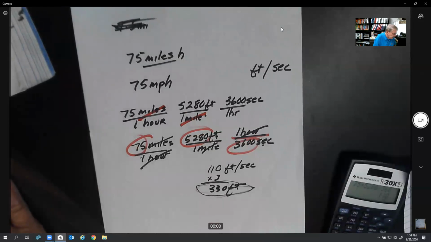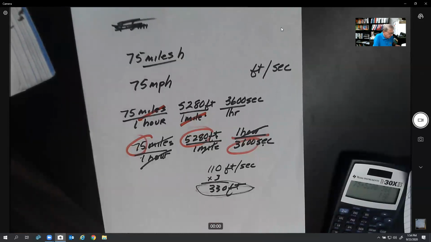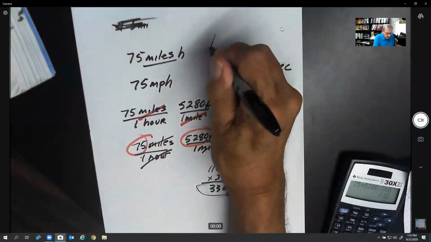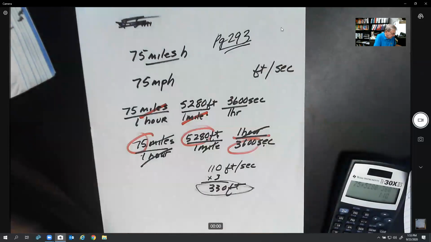Okay, curtains out. So on page 287, they have some with square miles. We're not so concerned with those and cubic yards and all that good stuff. Finally, on page 293, you're going to see a conversion table that you really need.